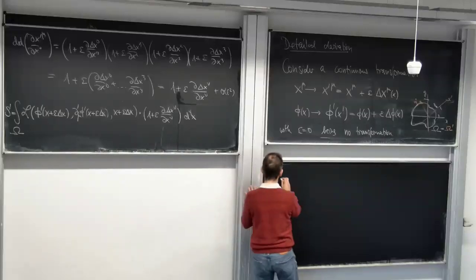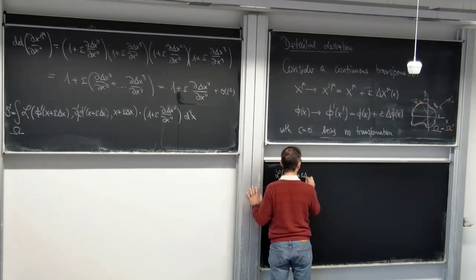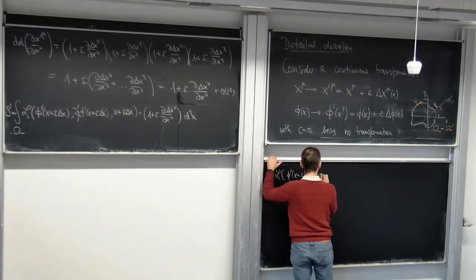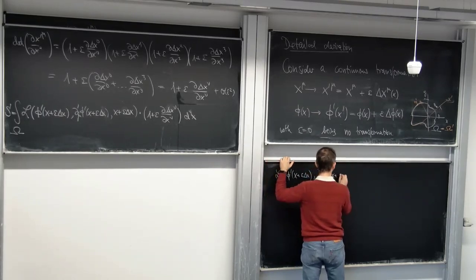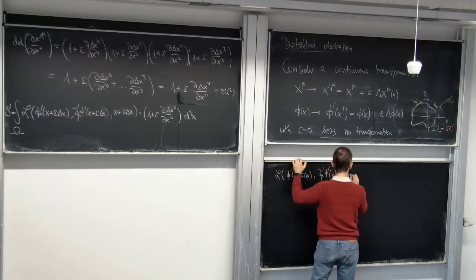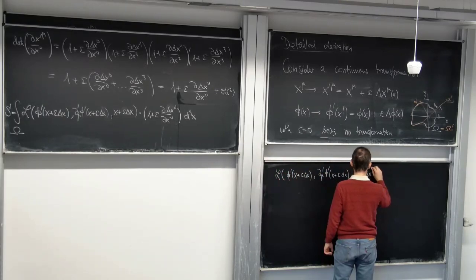I'm going to write L of phi prime of x plus epsilon delta x and d mu prime phi prime of x plus epsilon delta x and x plus epsilon delta x.